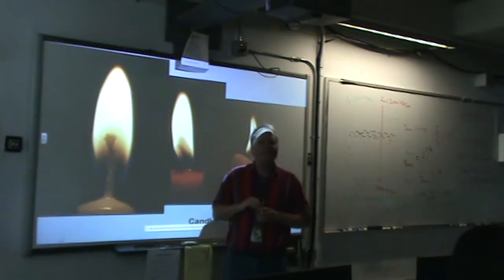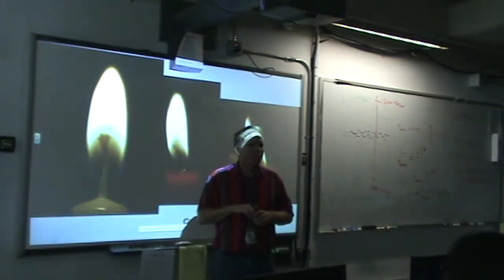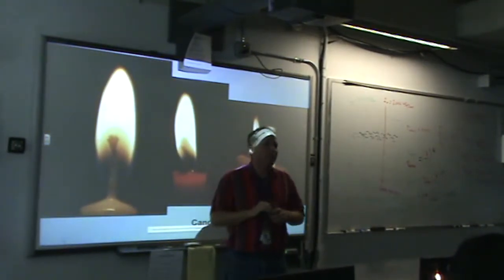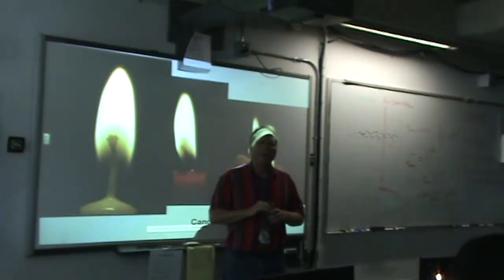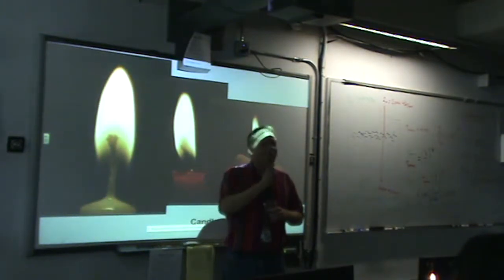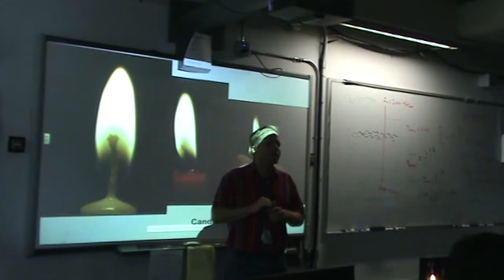What do you see right next to the wick? Do you see an empty space? Yeah. What is that? Is there radiation? Well, actually, this is a black body here. Do you think it just cools suddenly right near the wick?